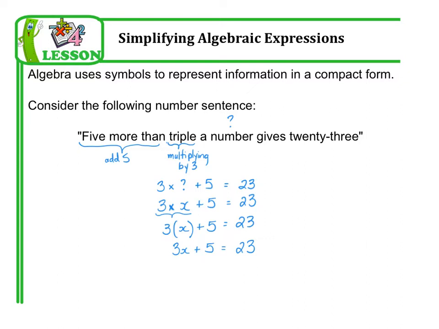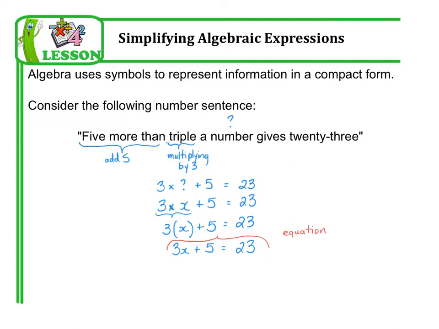And I know I took a lot of time to go through there, but I really wanted you to understand, okay, what these symbols mean right here. X means an unknown. Putting a 3 in front of it means 3 times x, okay? Adding 5 equals 23, okay? Now, this whole thing right here that we've written is called an equation because it has an equal sign in it.